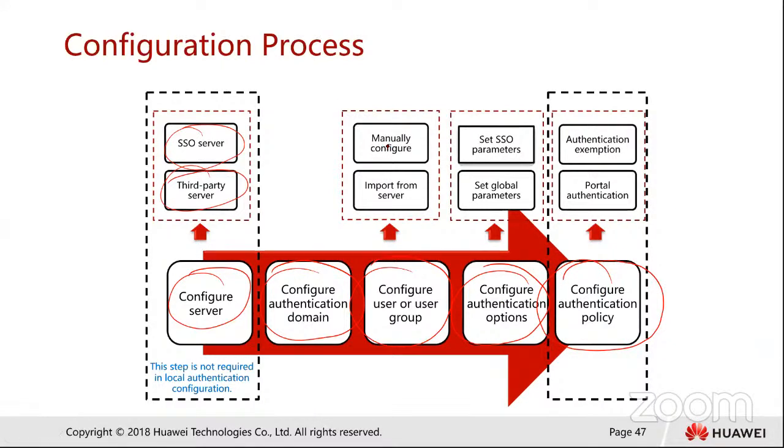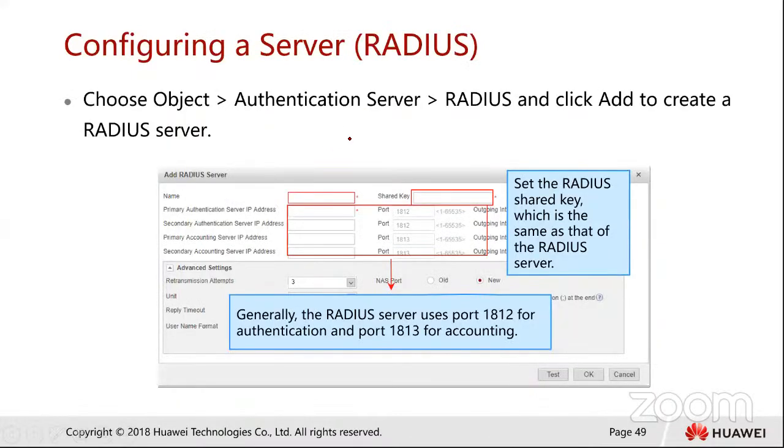You can either choose to manually configure or import some of these user groups from the server. Even the configuration options, you can either set the parameters or set the global parameters, and then choose authentication exemption or portal authentication.